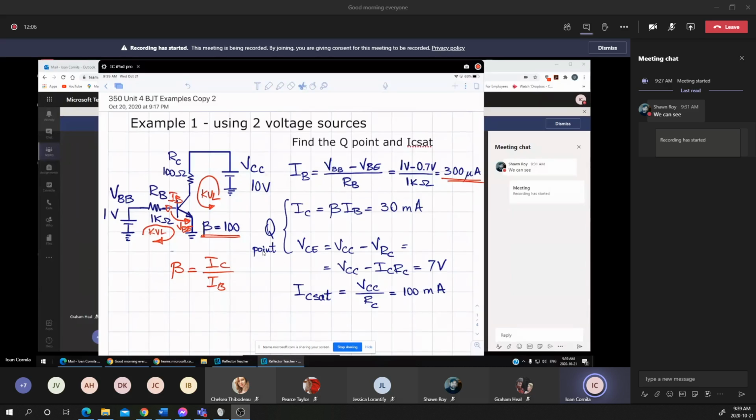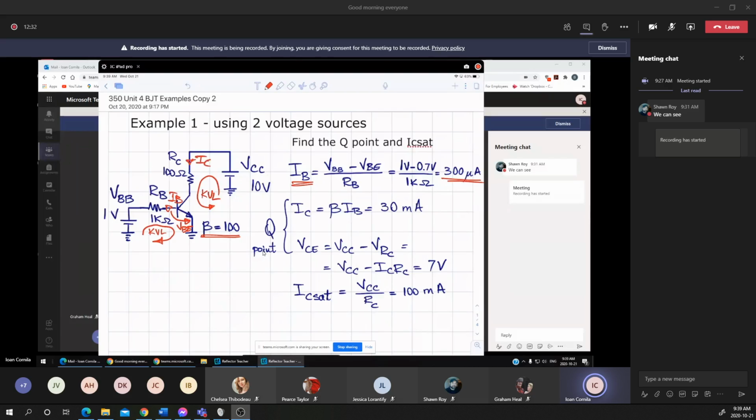The equation that is used to find the IC. Once you know the IB, you notice that I found the IB, to find the IC, or the current that flows into the collector. Now I'll put aside the current that flows to the collector. That's the IC. There you go.